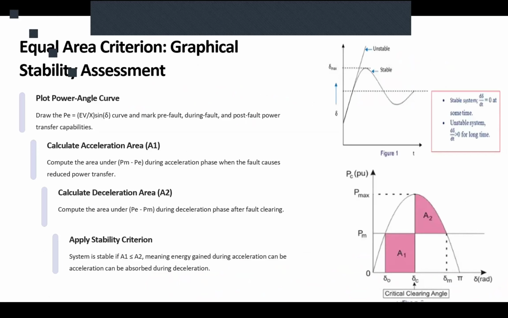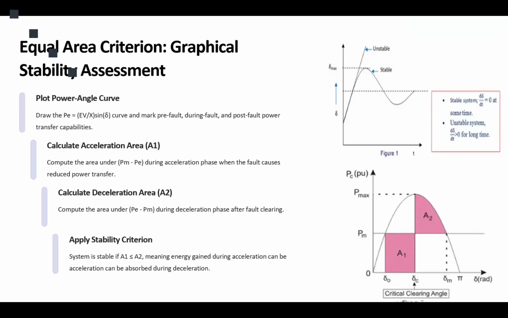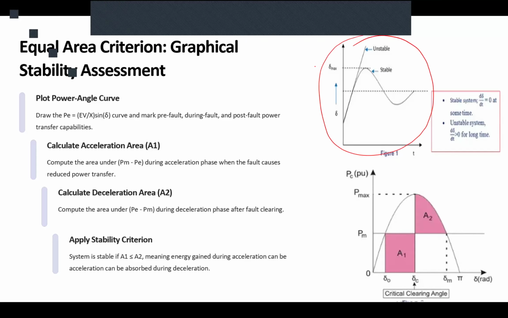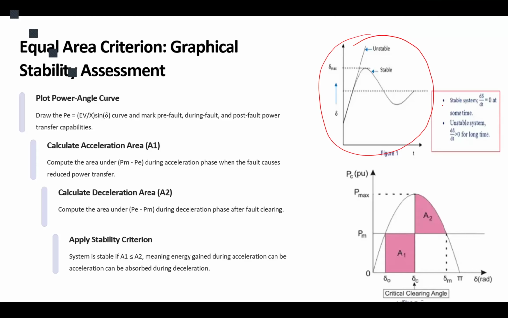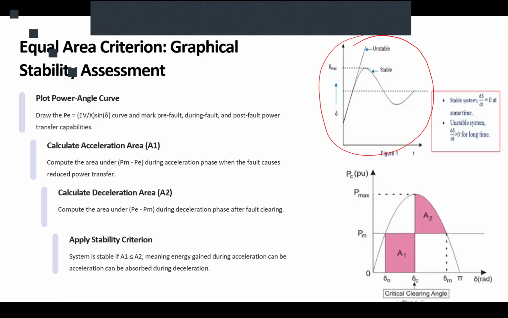Now, what does that mean to have a stable system? In delta behavior, we look for the points when delta changes direction. So if it accelerates, after a certain point, it would decelerate. You see, it goes high and then goes down, again goes high, but it still oscillates.